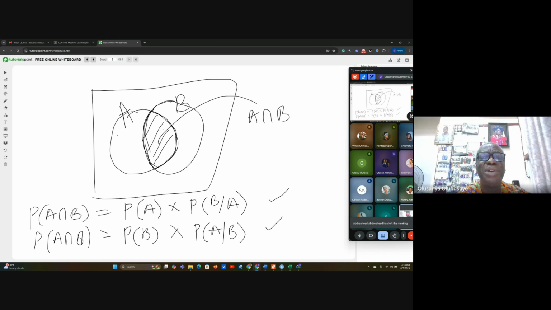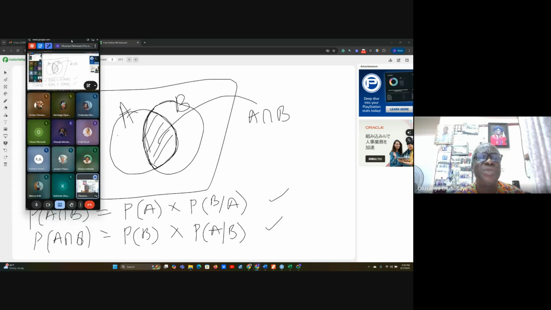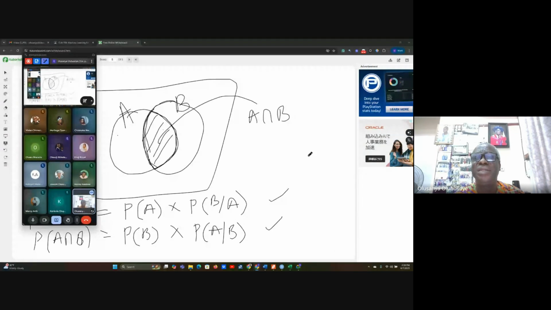And that leads us to a very important formula, which is what we then call Bayes.